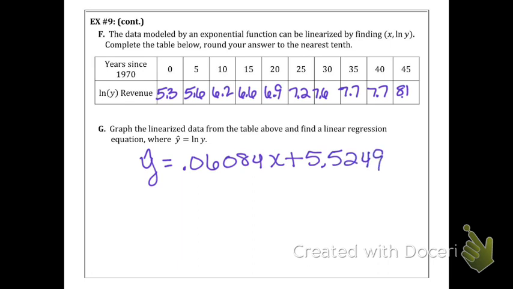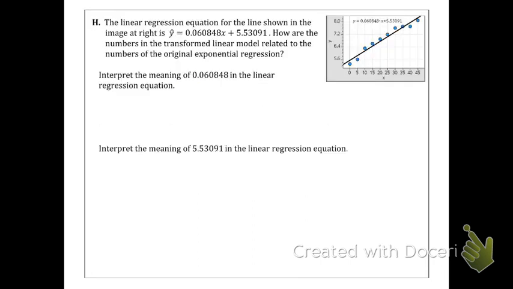Remember, it's just linear regression using L1 for your x's, L3 for your y's. All right, and then actually when you graphed it, that should be what your graph looks like there.